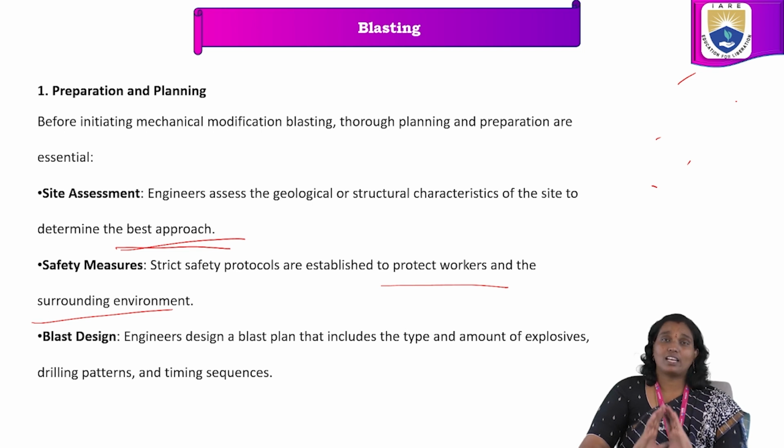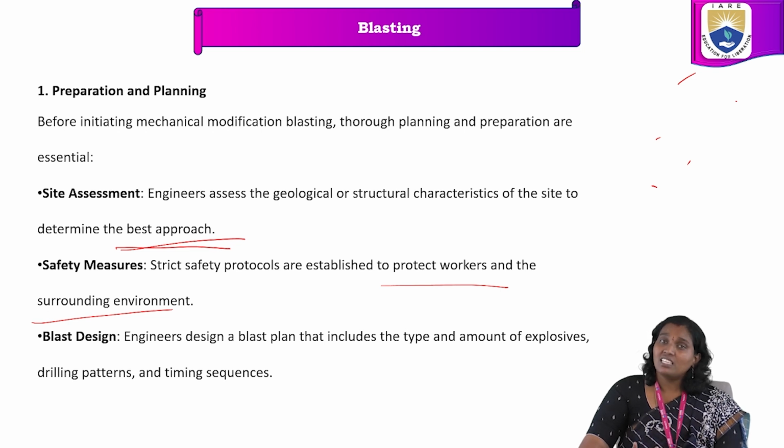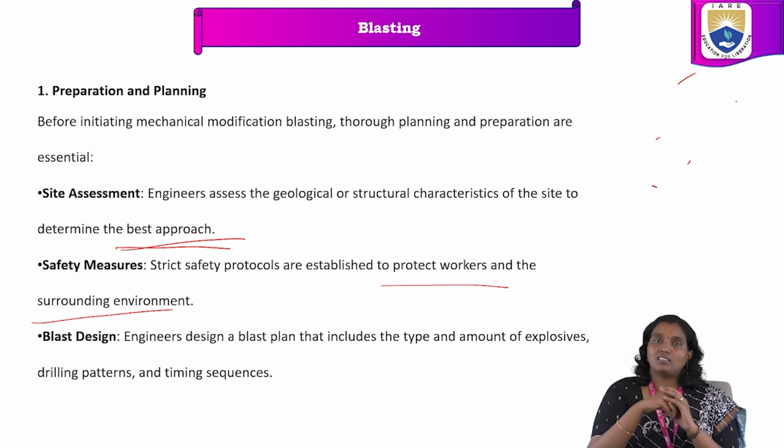We have to consider not only human life but also the surrounding buildings and structures, which is very, very important. Once this site assessment and these safety measures are done and understood, we are going to design the blast. These two are very important parameters for blast design.